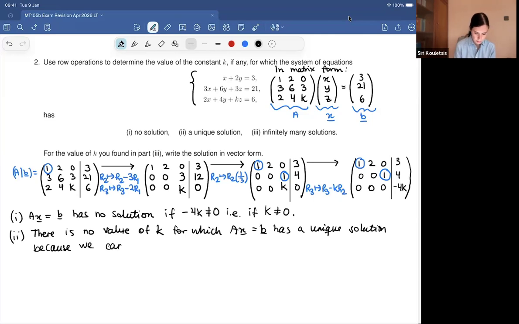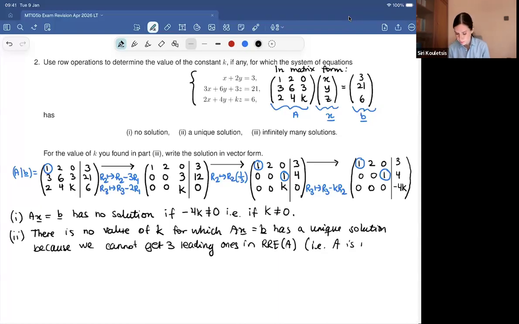So we cannot get 3 leading ones in a reduced row echelon form of A. Another way of saying that is that A is not invertible for any value of k.